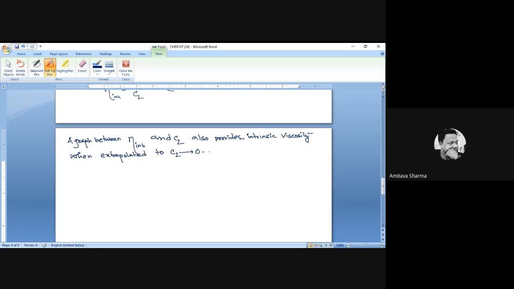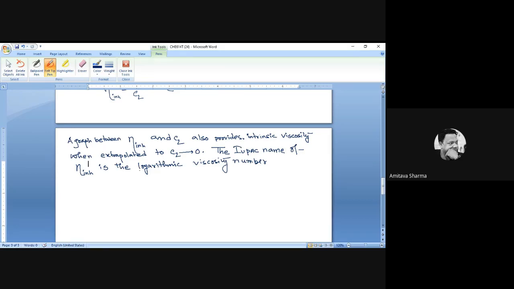That's why the IUPAC name of INH is called the logarithmic viscosity number.